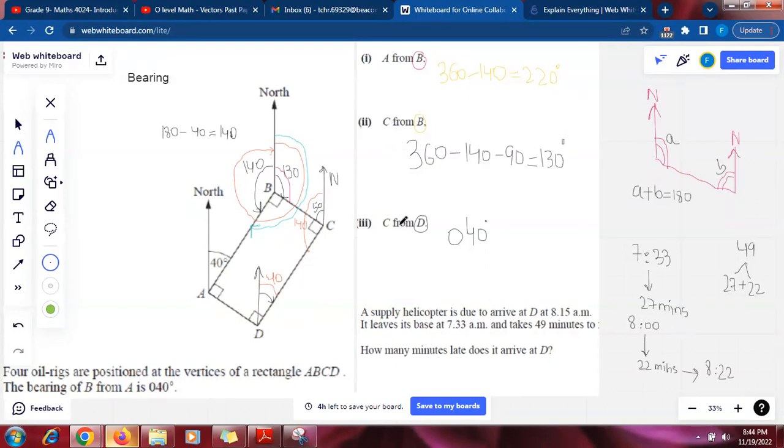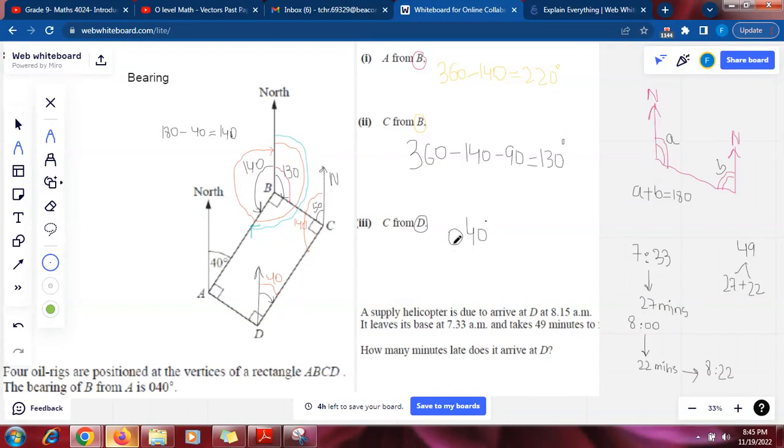Third part, we have to find the bearing of C from D. From D means I have to draw my north at D. I have drawn my north at D. Now I will move in clockwise direction to the line which is joining C. So this is the line which is joining C, and the angle has already been found, that is 40. So the bearing of the third part is 040.